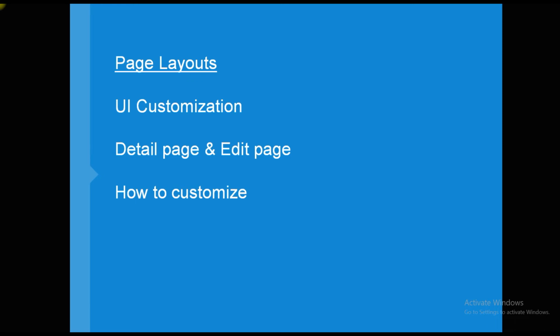The detail page is what we see whenever we load a particular record. When we click on the edit button, we see a different page, which is known as the edit page. And how to customize this page layout we can also see here.